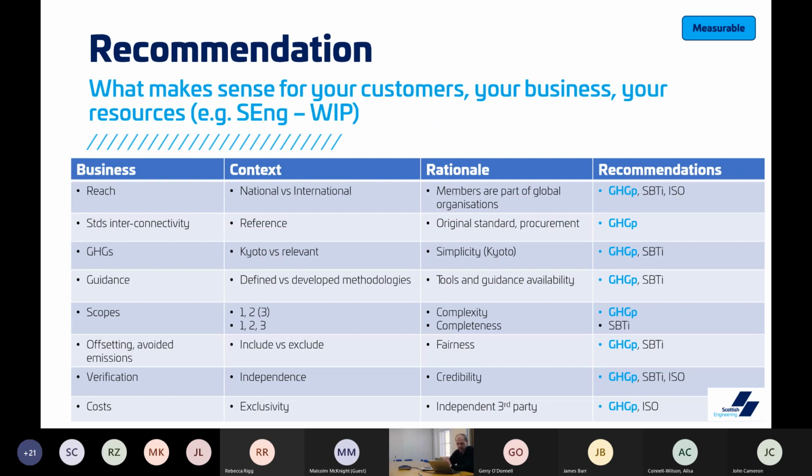And we're going through that, so you can go through scopes. Do you want 1, 2, and 3, or do you want 1, 2, and maybe 3? The maybe 3 just simplifies it. If you want 3, you have an increased complexity, as we know. But 1, 2, and 3 provide completeness.